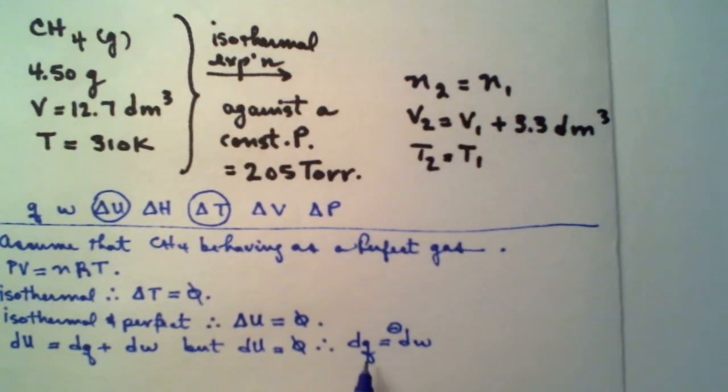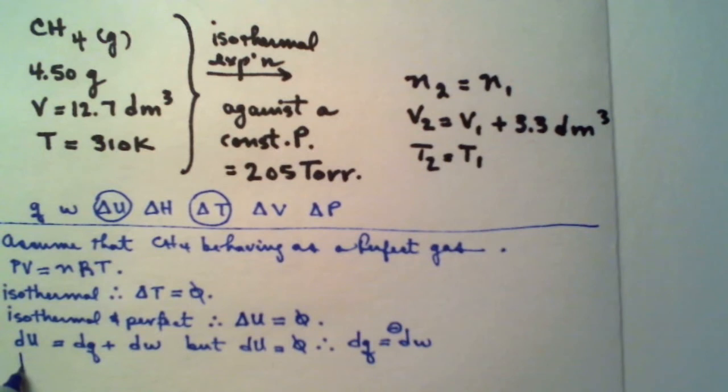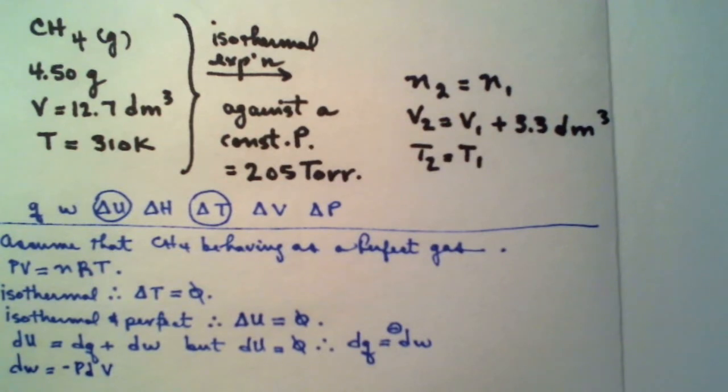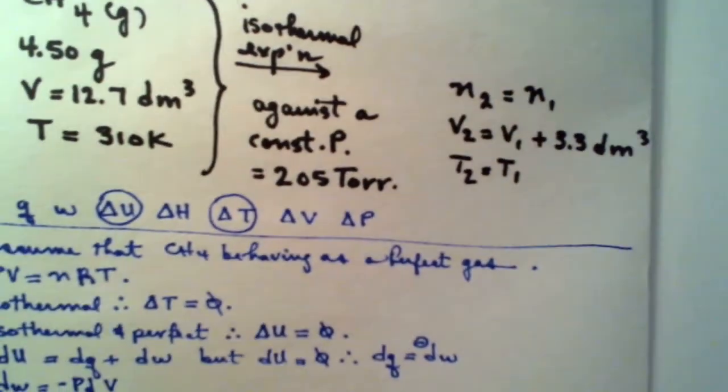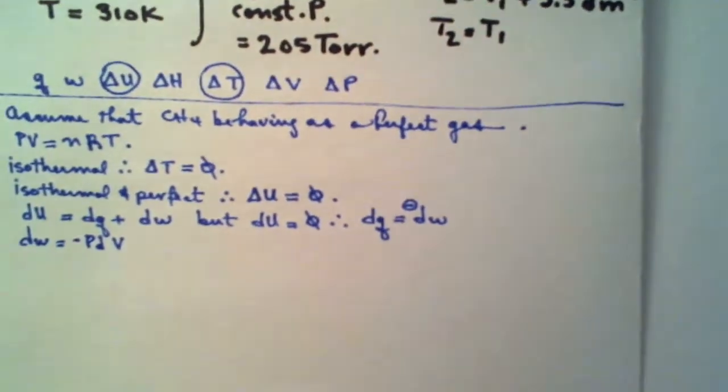That's not going to get anywhere because it's constant temperature. Let's look at work, dw. I know that dw is always equal to minus pdV. Now that's going to integrate differently depending on the kind of question that this is, or the kind of change actually that's going on.